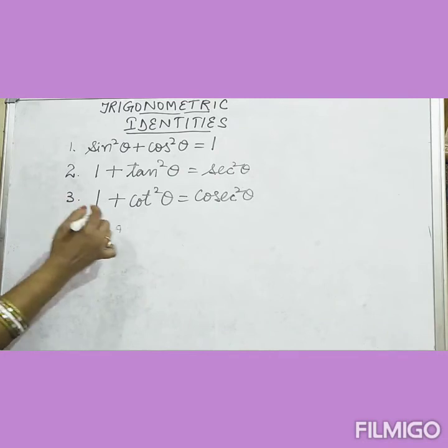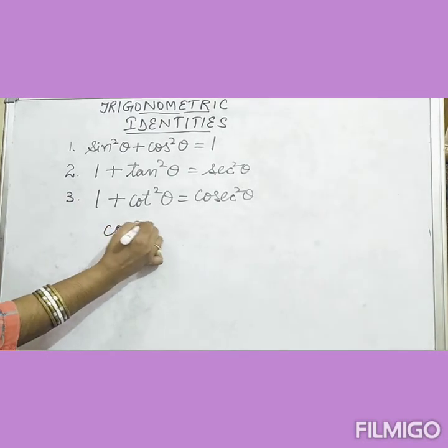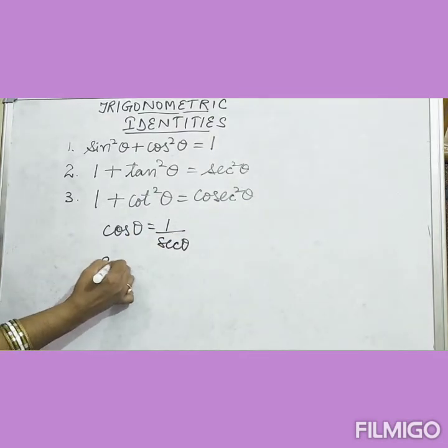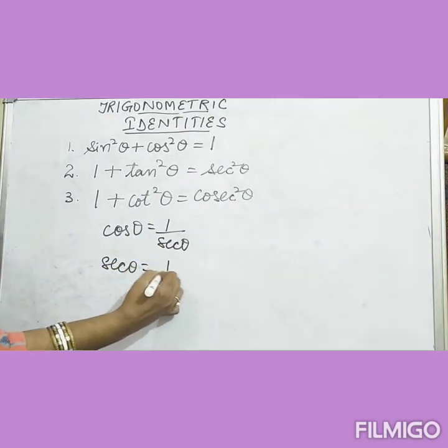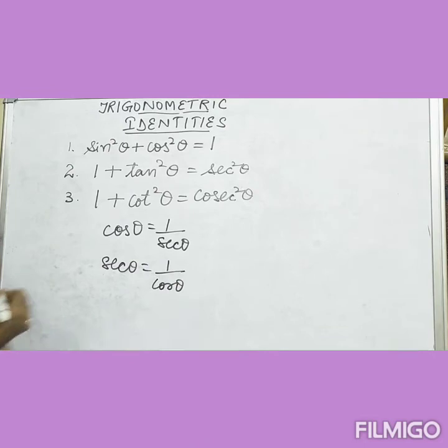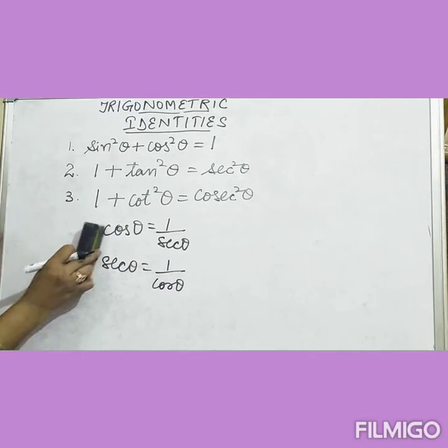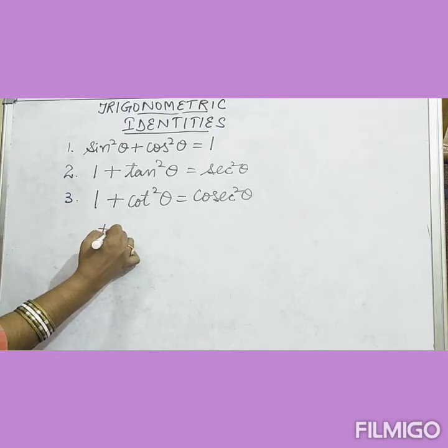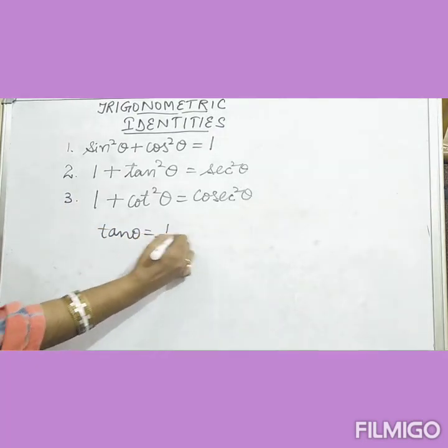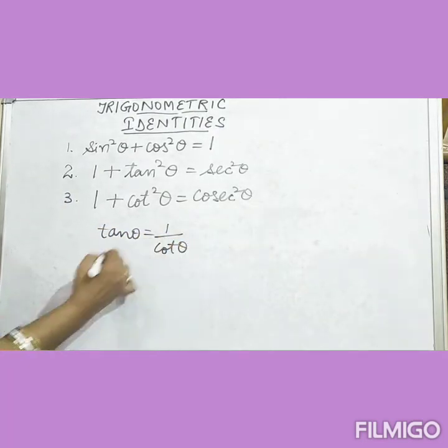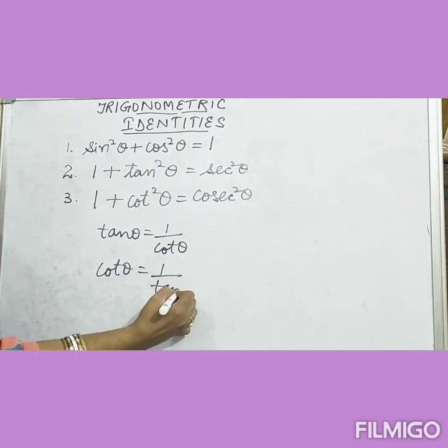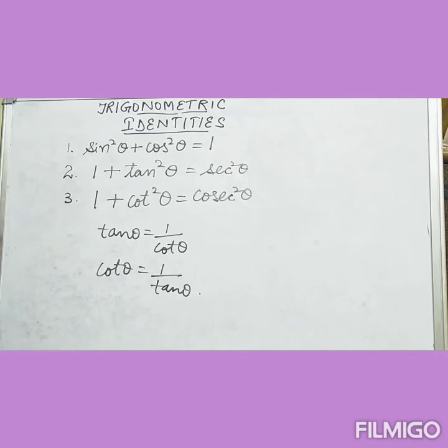That is, cos theta is 1 by sec theta, or sec theta is 1 by cos theta. And we can write in the same way for tan and cot as we have discussed. That is, tan theta is 1 by cot theta, and cot theta is 1 by tan theta, right?